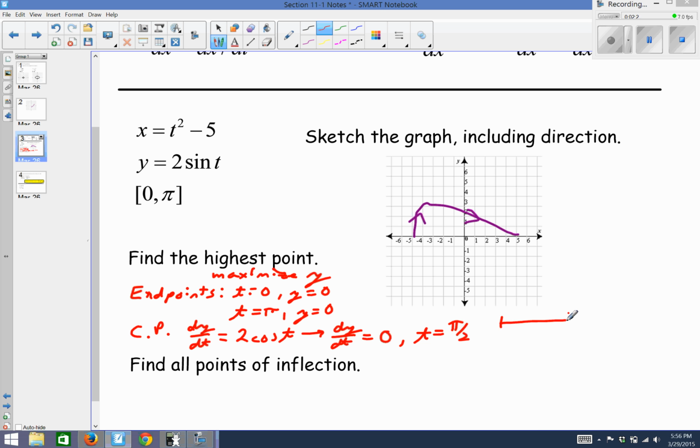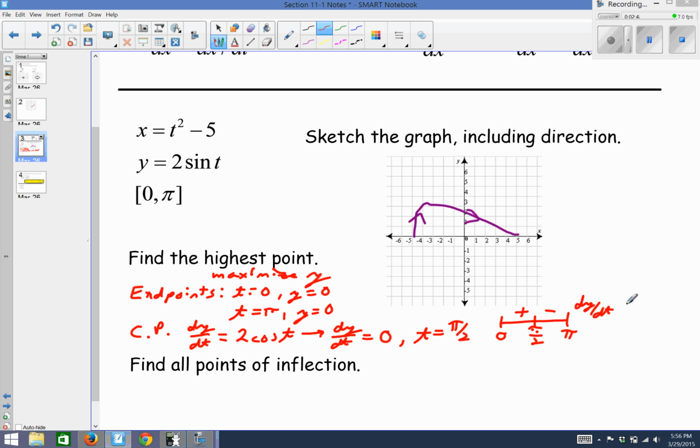And checking my sign chart from 0 to pi over 2, now I'm checking dy dt. From 0 to pi over 2, like pi over 4, dy dt would be positive. Something like 3 pi over 4, dy dt would be negative. And so I am seeing that there's going to be a maximum for y at pi over 2.